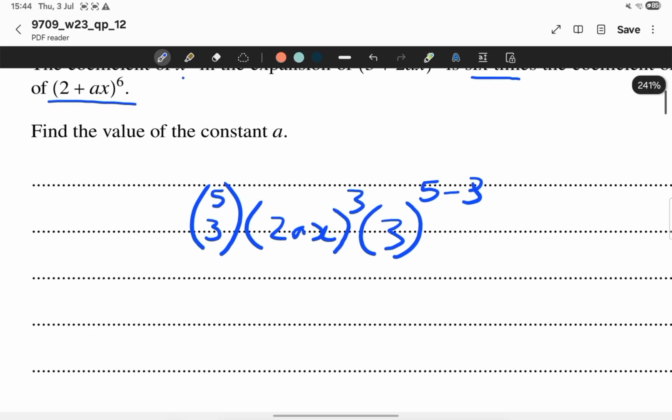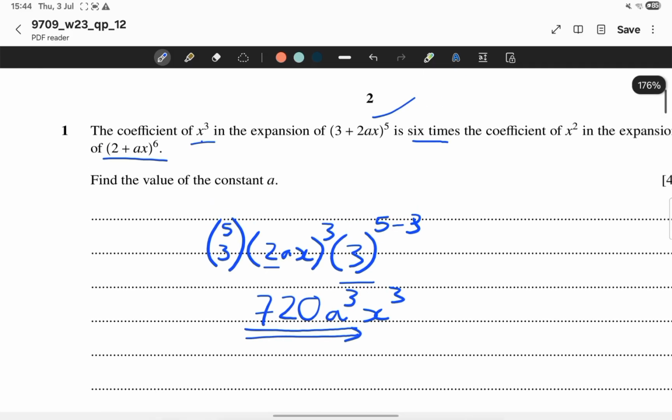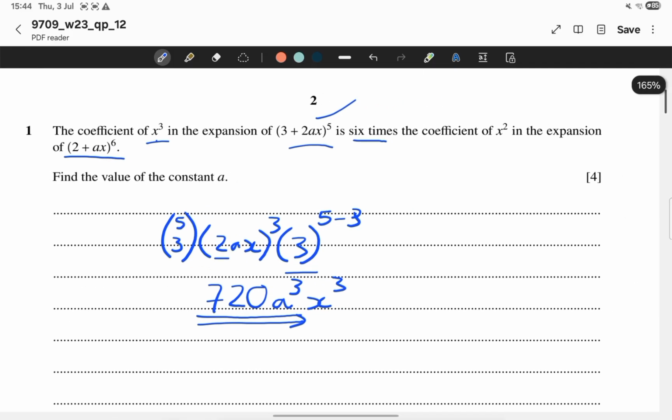So 5 choose 3 times 2 to the power 3 gives us 80. 80 times 3 to the power 2, which is 9, you get 720 a^3 x^3. So 720 a^3 is the coefficient of x^3 in this expression.